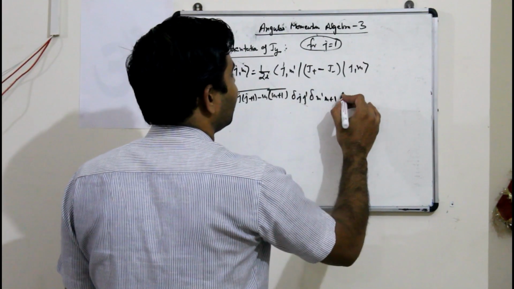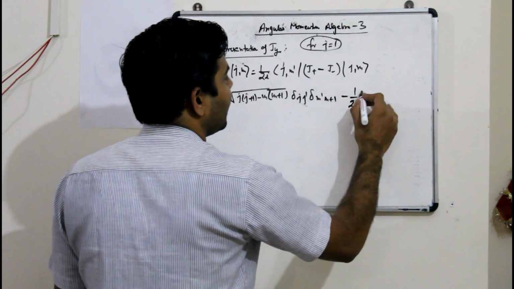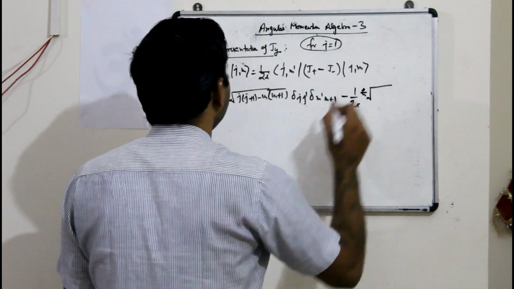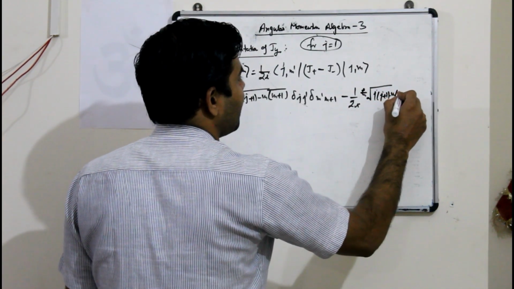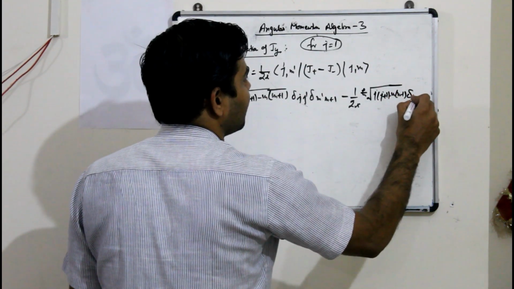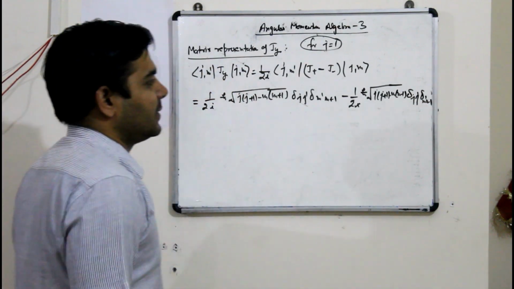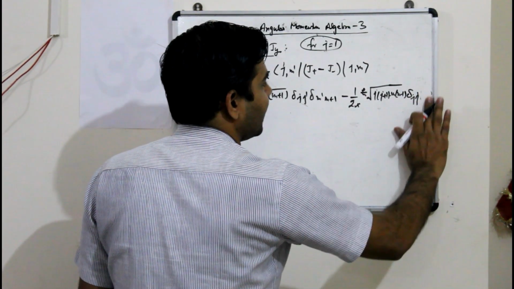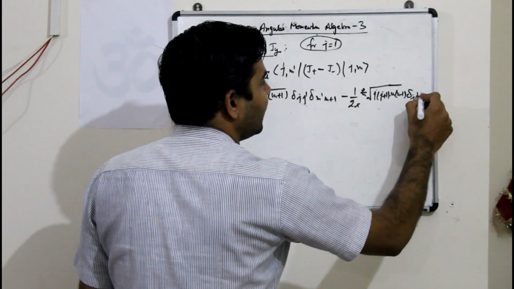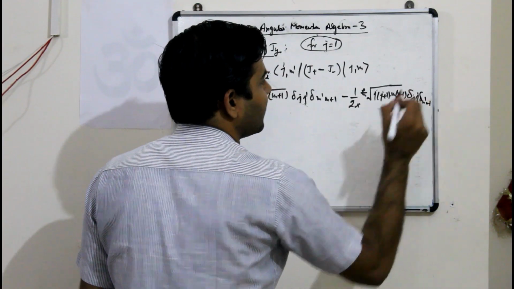Similarly, when J minus acts on this, it will give me minus 1 over 2 iota from this, and h cross under the root j into j plus 1 minus m into m minus 1, delta jj prime, delta m prime m minus 1. So let me write this down clearly. This is delta m prime m minus 1.